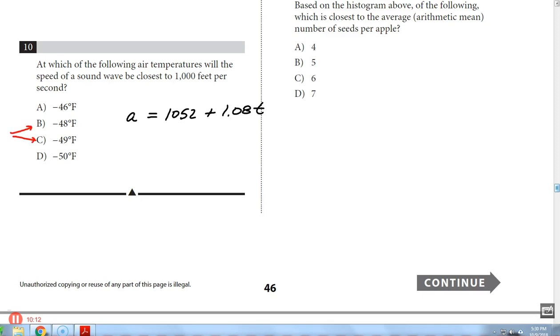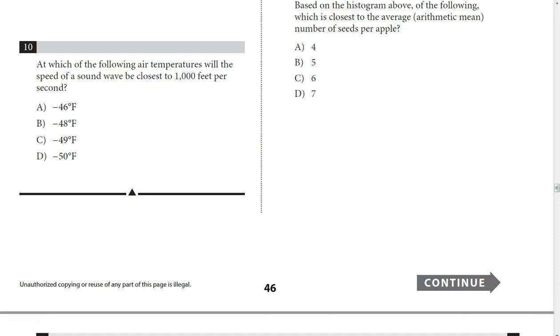Usually I'll just start with B, which I'd have gotten lucky with here. I would plug it right in and punch it into your calculator: 1052 plus 1.08 times negative 48, and see what answer you get. And if you get 1,000, then you know you got the right answer. That would by far be the slowest way, but it would work.